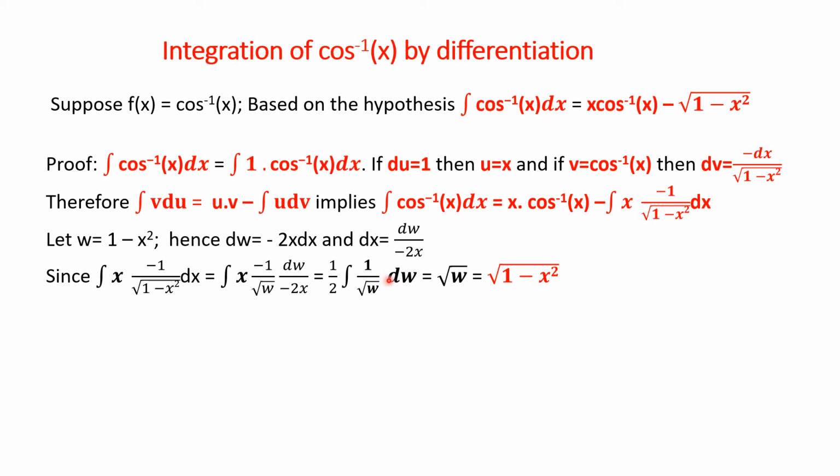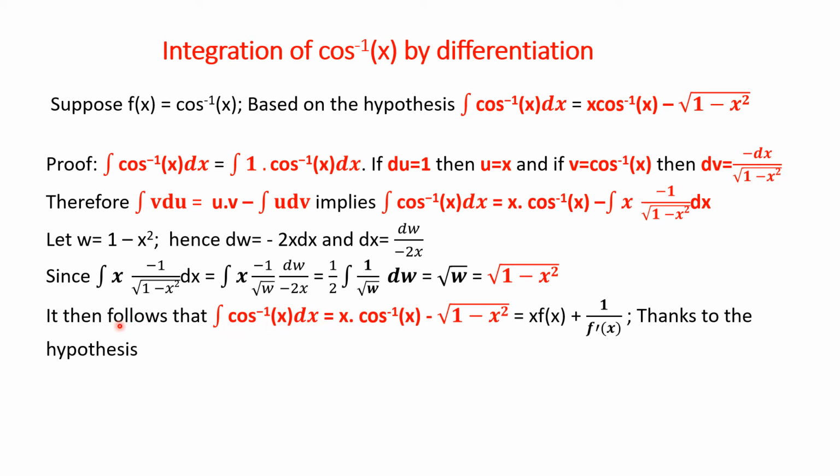And that integration will be equal to square root of w, and that's going to be equal to square root of 1 minus x squared. Now we found this integral to be equal to square root of 1 minus x squared. So we have to replace this integral by square root of 1 minus x squared.